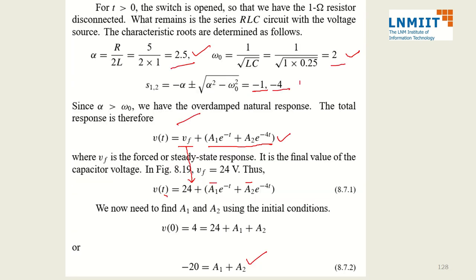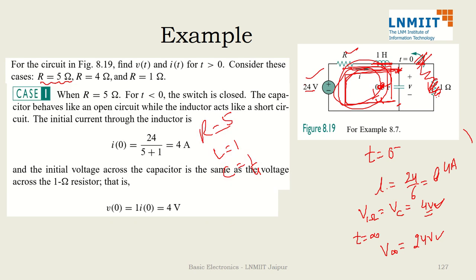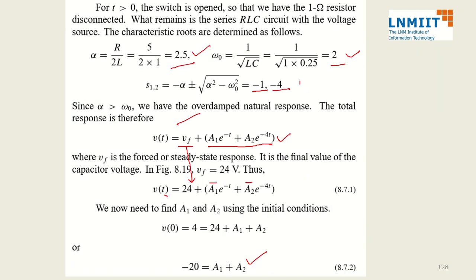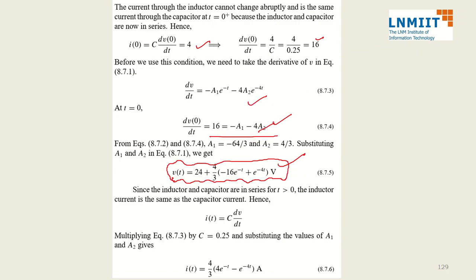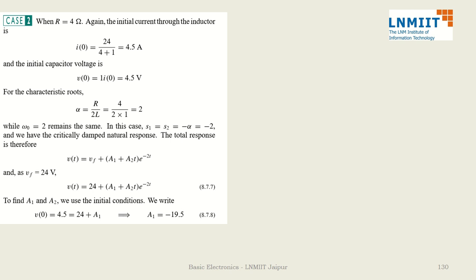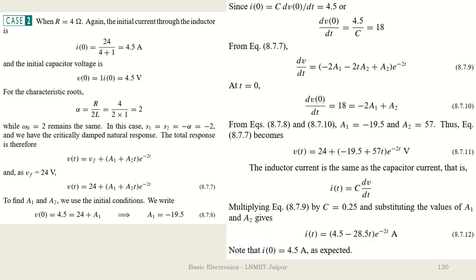Now if someone asks what is the current in capacitor or voltage across 5 ohm, all those things we can find with the help of voltage division, current division and all. Second case, when R is 4, alpha is equal to omega, nothing different. My answer is A1 plus A2 t, e raised to power minus alpha t, plus Vf.